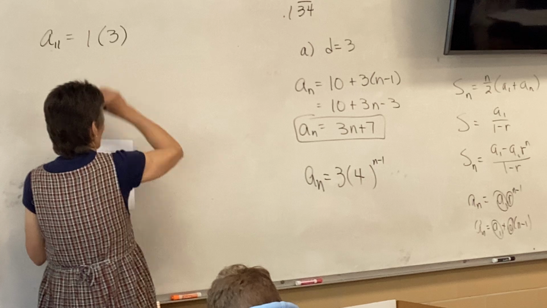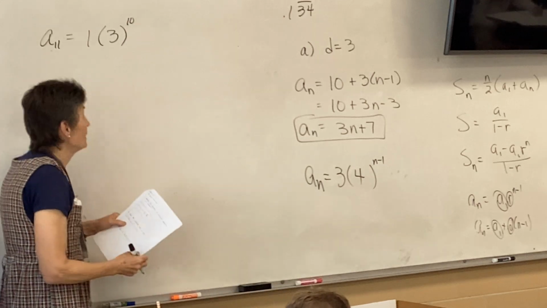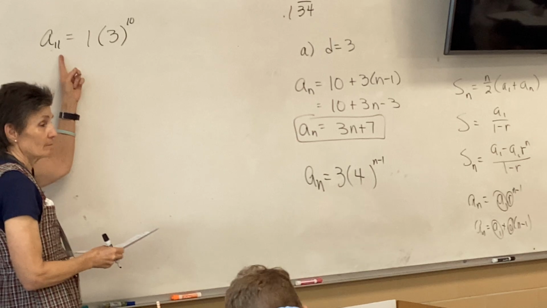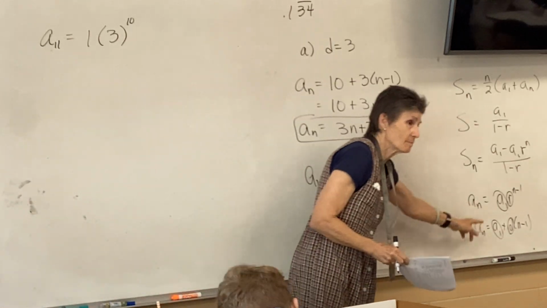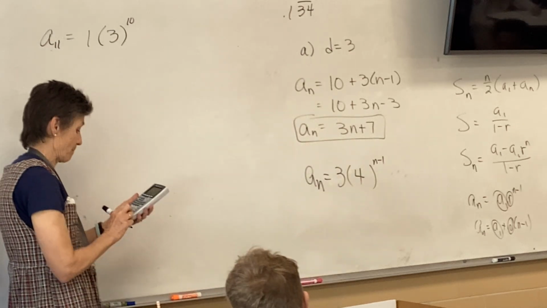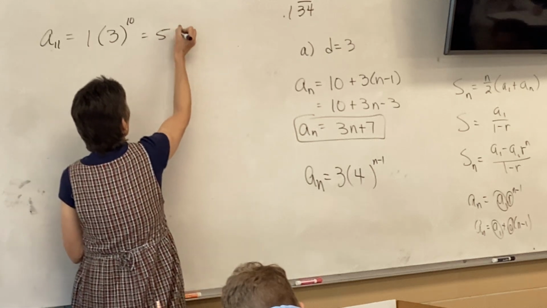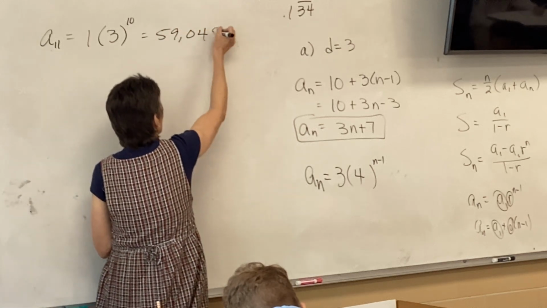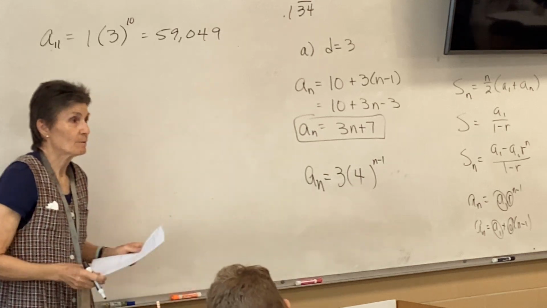You already told me the ratio is 3, and I'm gonna take it to the 10th power, because n is 11. That's n. A sub n. So this will be a big number of 59,049. That all right with everybody?